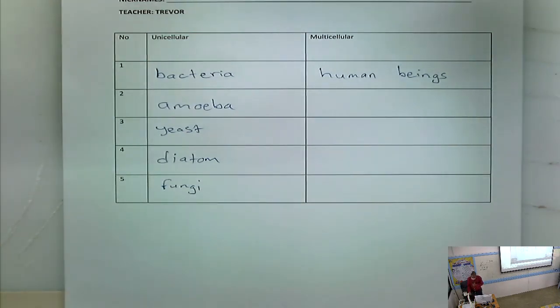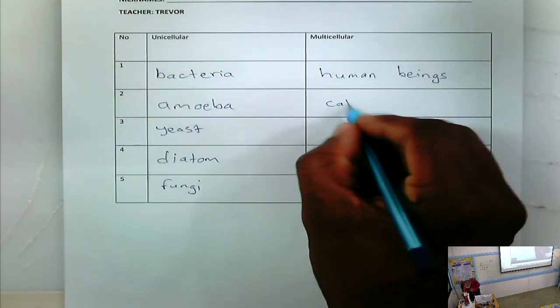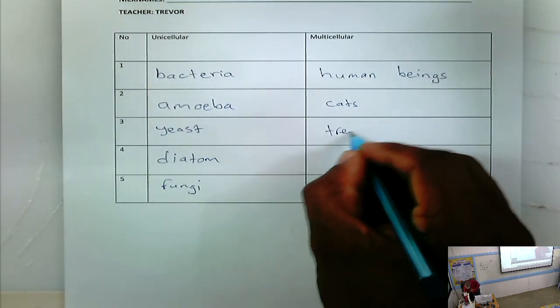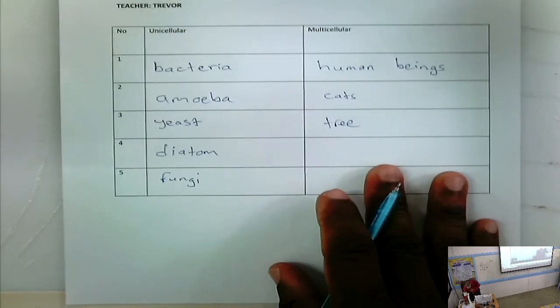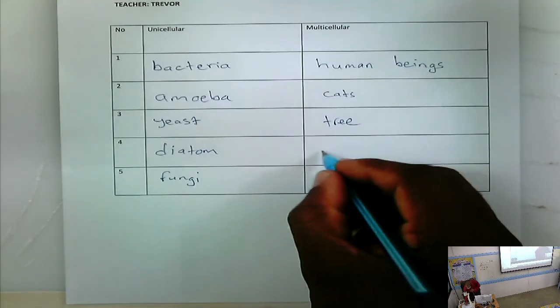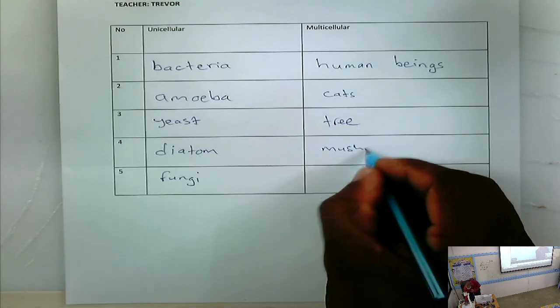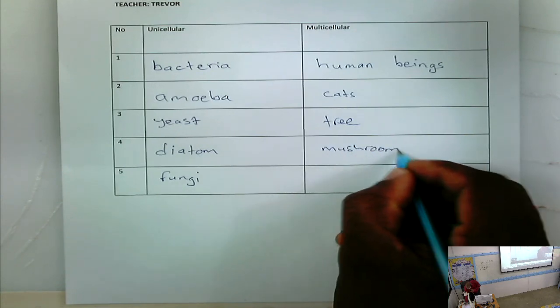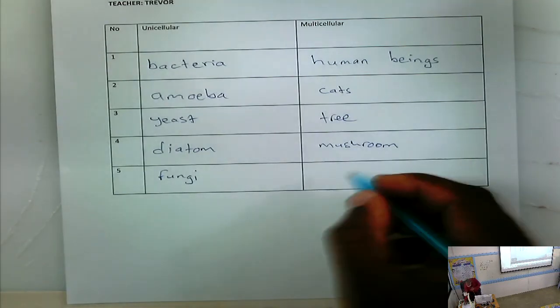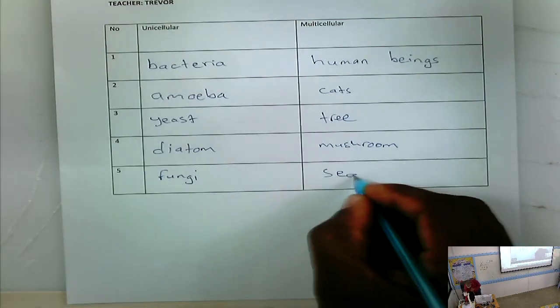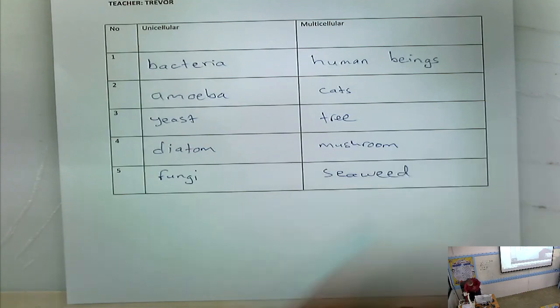There are many. Here we can even talk about cats, trees, mushroom, and seaweed. Okay, so these are the examples of unicellular and multicellular.